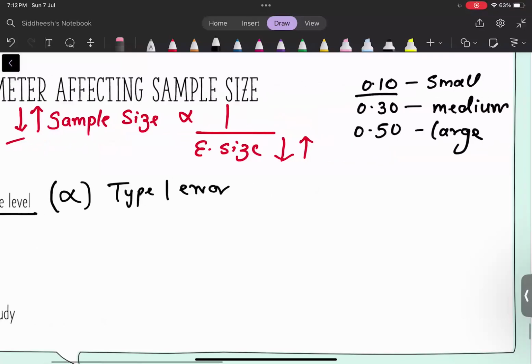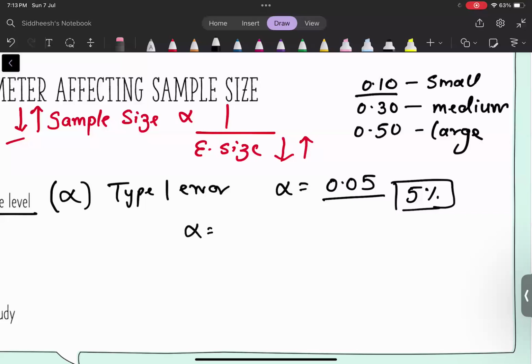Now, in the calculation part, we use alpha to be 0.05. Correct? This means what? A 5% risk. It indicates that I am taking a 5% risk in telling whether this effect will be there or not. Suppose I am taking alpha of 0.01, change to the percentage, that is 1%.